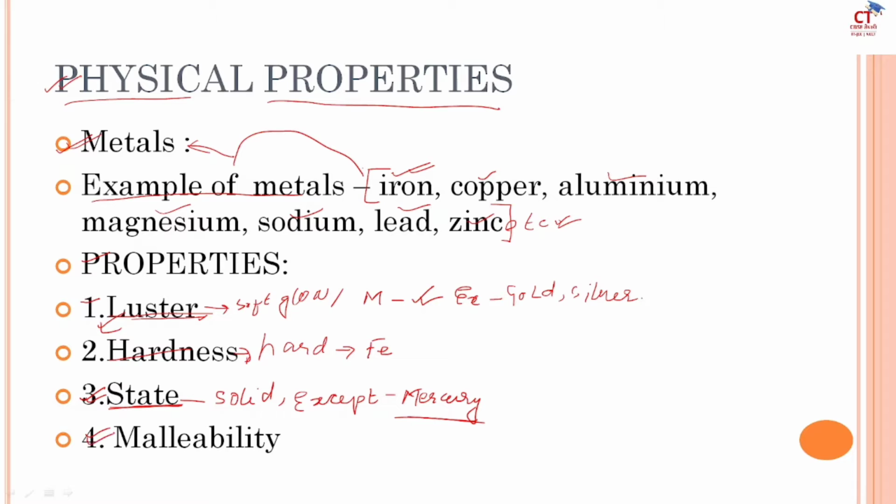The fourth one is malleability. What is meant by malleability? This is a term that we have come across for the first time. So, malleability is the ability to deform under pressure.